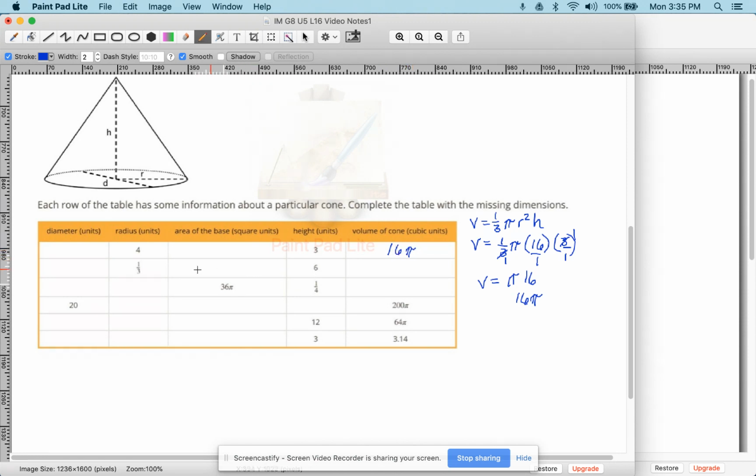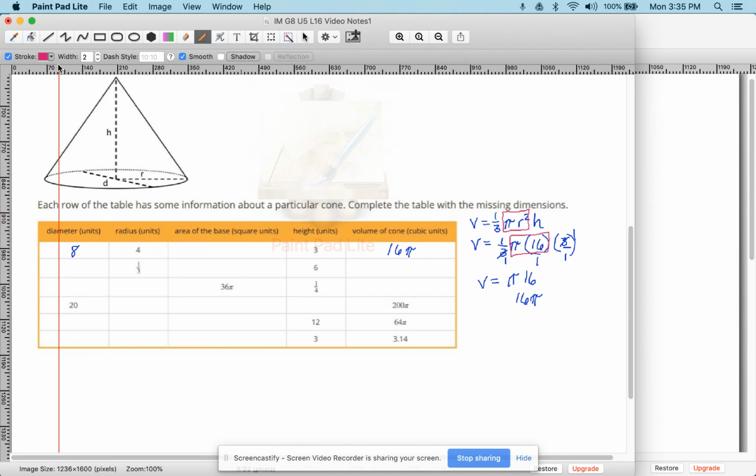And then it is asking a couple other things. So first of all, it asks, what is the diameter? Well, if the radius is 4, the diameter is twice the radius. So 2 times 4 is going to be 8. Then it's asking me, what is the area of the base? Well, the area of the base in our formula is this portion right here, pi times r squared, which is the 16 pi.